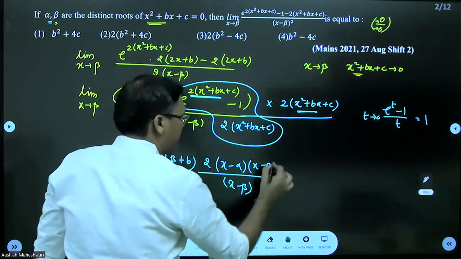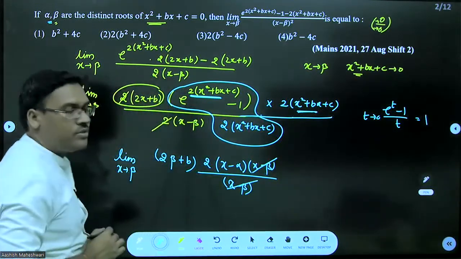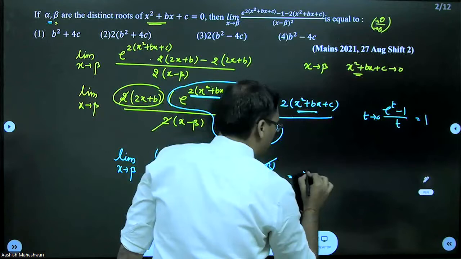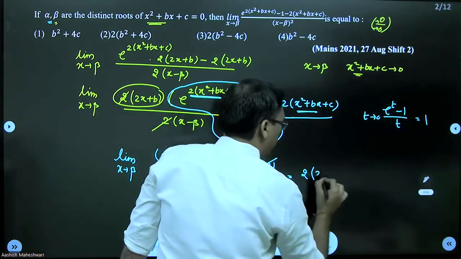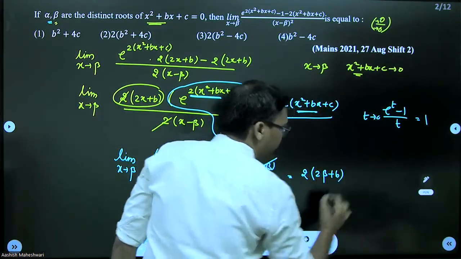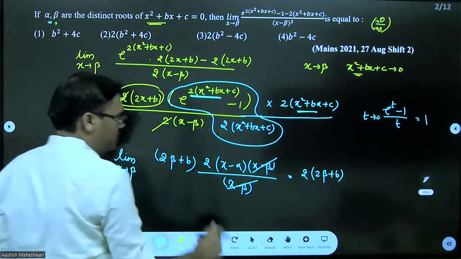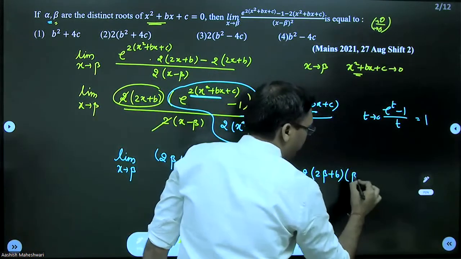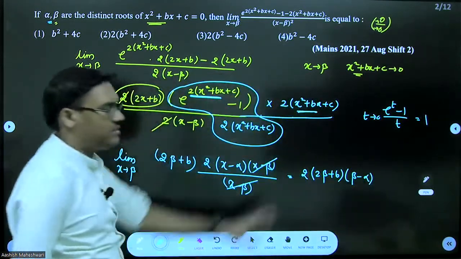So you can see this is also cancelled. So what is the limit? This is 2 beta plus b, and if I put beta here, this will become beta minus alpha. So this is the limit.